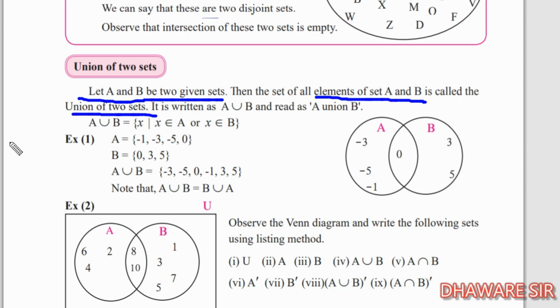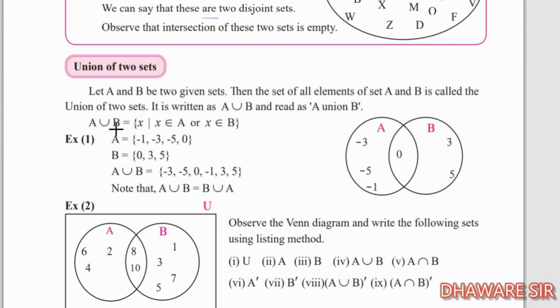In the disjoint set, there is no common element, and in the union of sets, all the elements of sets A and B are included. This type of set is called the union of sets. So here is the example.